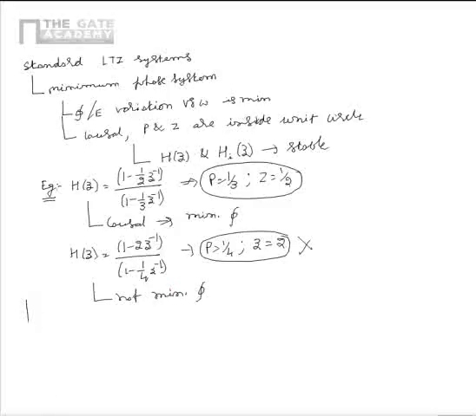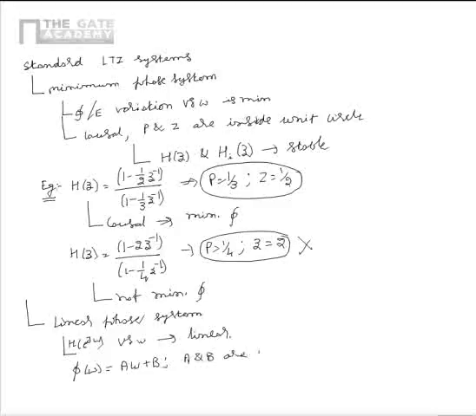Now let us look into another category of the LTI systems, that is linear phase system. In case of linear phase system, the plot of phase of H of e power j omega with respect to omega is linear. So from this we can say that phi of omega will be of the form a omega plus b, where a and b are constants.